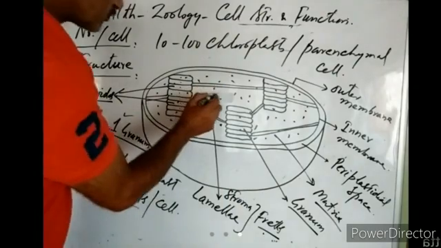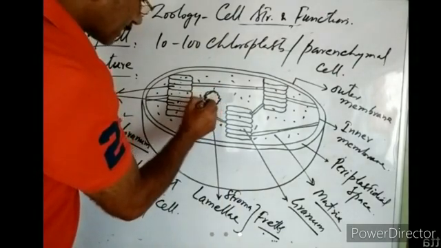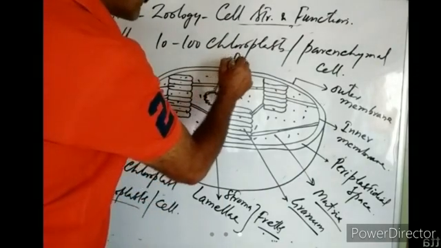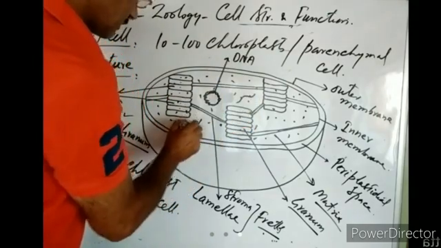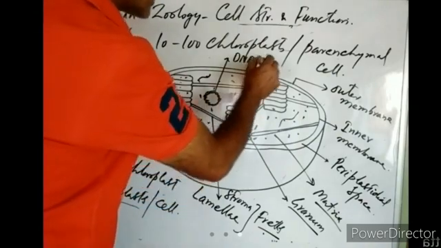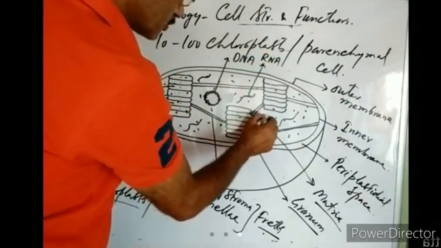In the matrix, we also find the DNA of the chloroplast. A chloroplast has got its own DNA. It has got its own RNA molecule. And this chloroplast has got its own ribosomes.